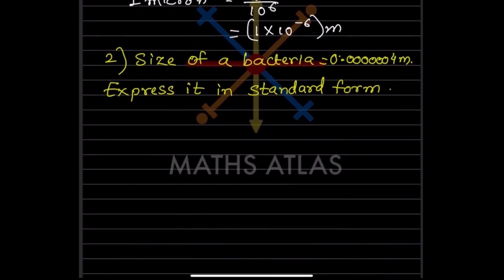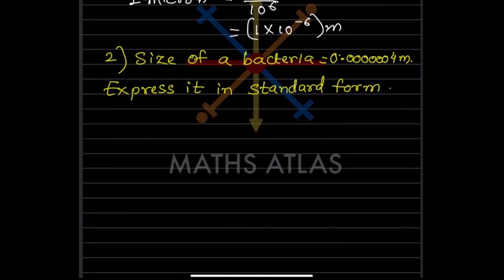Now the size of bacteria is given, and you have to express this in a standard form. So now let us write here size of bacteria, the same thing over here. That will be 0 point, and how many, this one 1, 2, 3, 4, 5, 6 and 4, that is in meter.